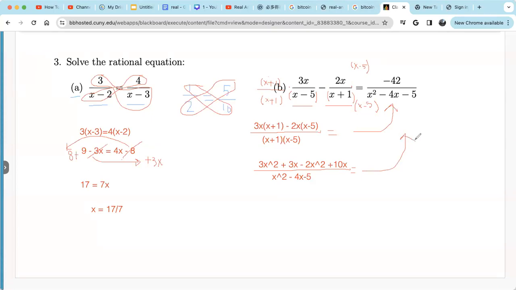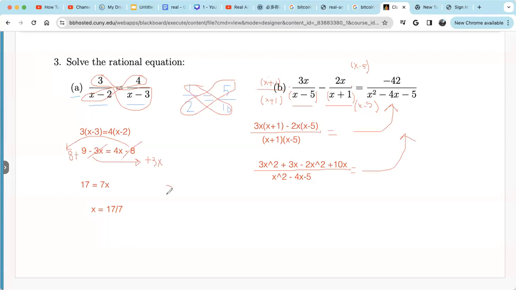Well, let's compare the denominators. The denominators are exactly the same. The right-hand side has a denominator of x squared minus 4x minus 5, right? That means the numerator has to be the same. If the denominator is the same, the numerator has to be the same, right?